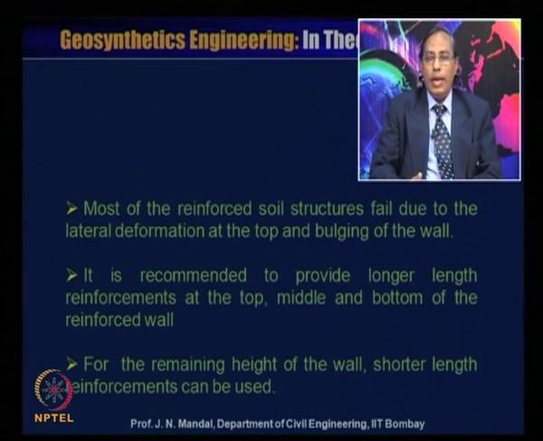We will show you some examples, because in most cases it has been observed that the reinforced soil structure failed by bulging almost at the middle, and sometimes due to the seismic effect there is a possibility of failure at the top. So, you require proper reinforcement material or longer length of the reinforcement material at the top to address the seismic aspect.